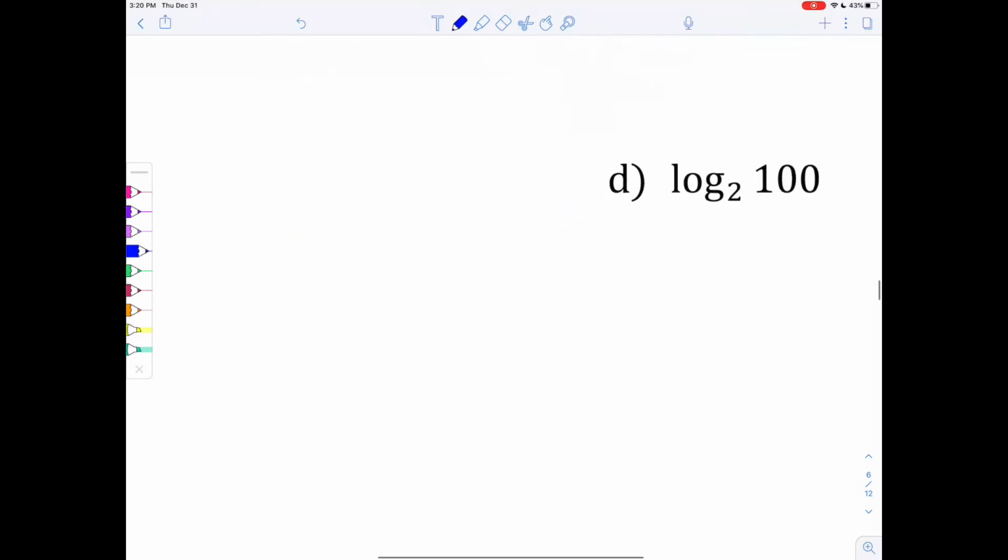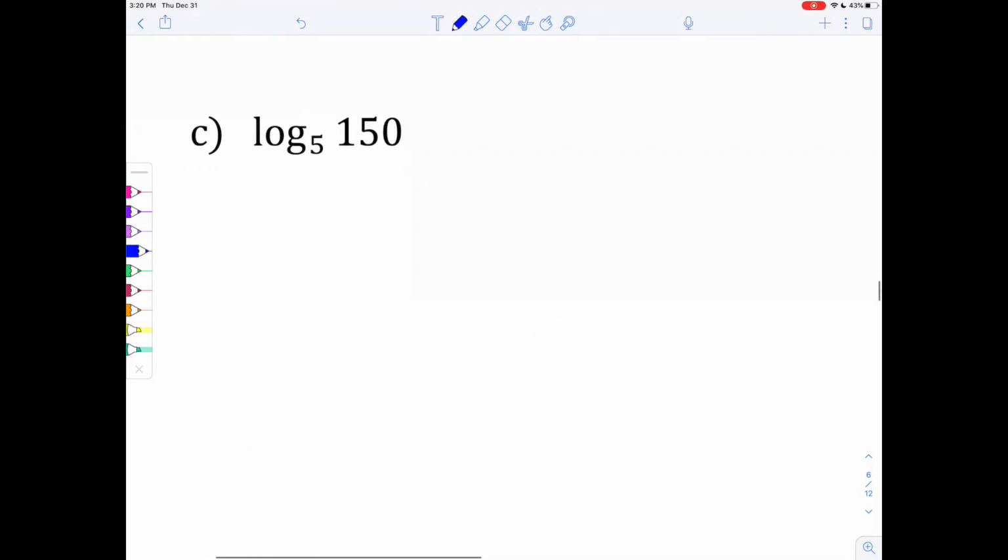Next up, log base 5 of 150, which is the same thing as log 150 over log 5, which will hopefully get you 3.113.